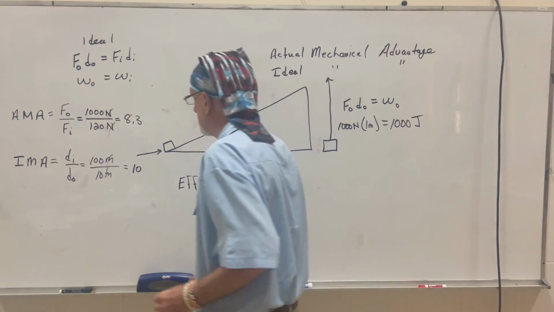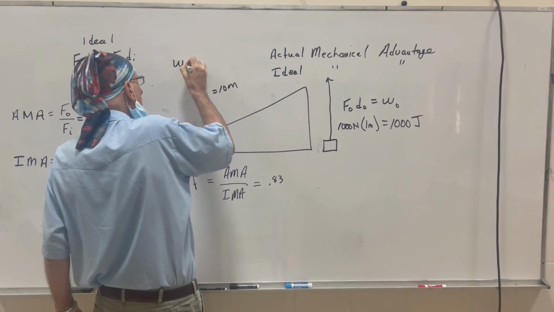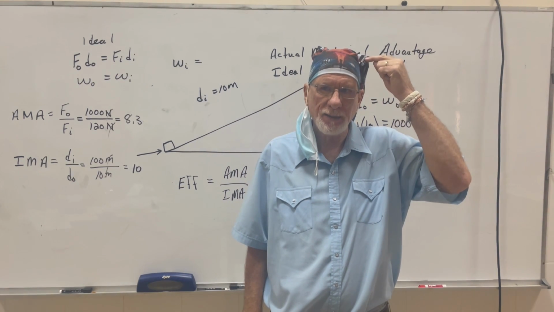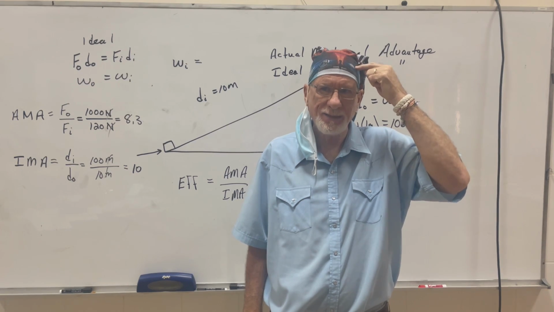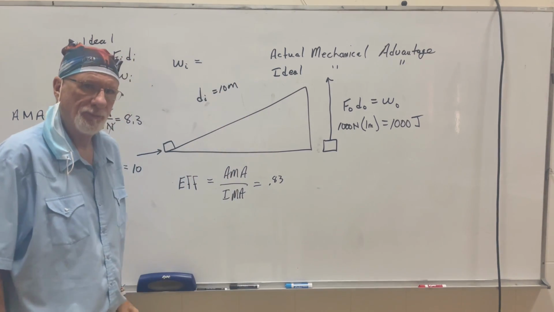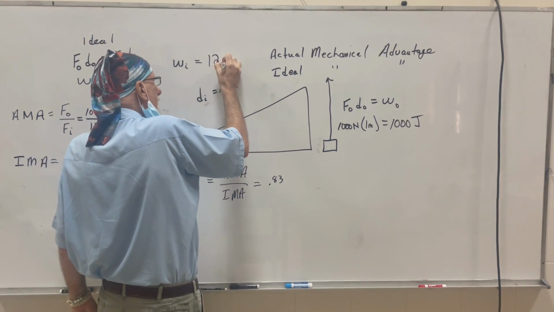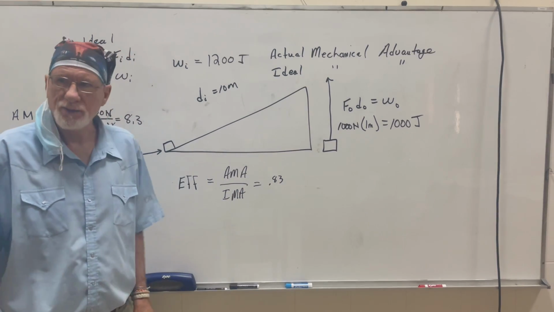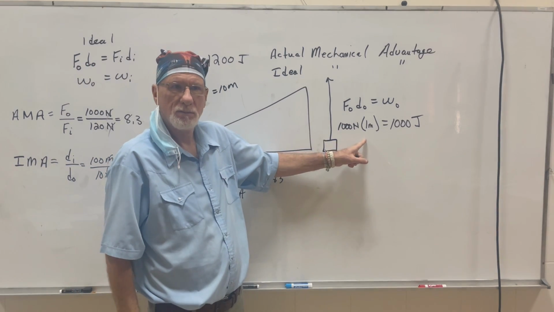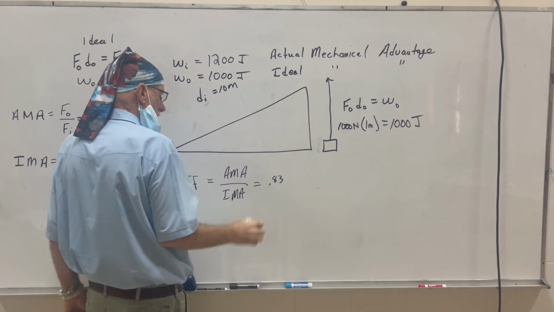You can also get it by saying this. What is my work input? Work input is FI times DI. So 10 times 120 would be what? What's 10 times 120? $1,200, and my work output would be 1,000, right?